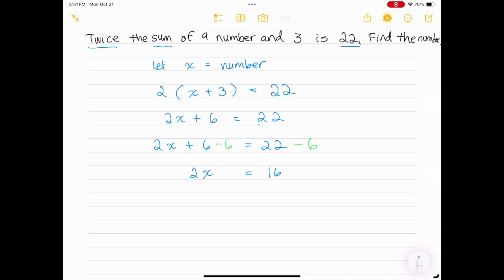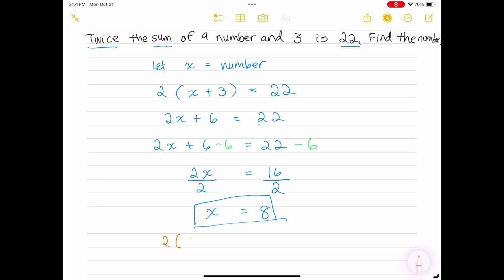On the left-hand side, I now have 2x by itself equals 22 minus 6, or 16, on the right-hand side. I divide both sides of the equation by 2 to leave x by itself, and 16 divided by 2 equals 8.